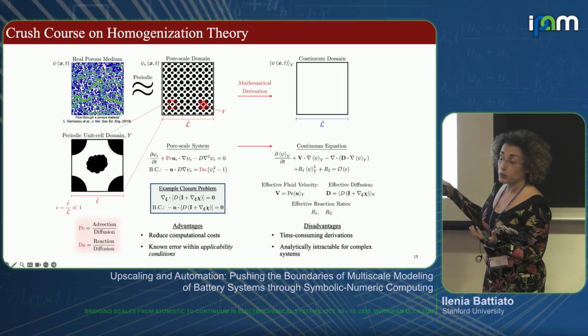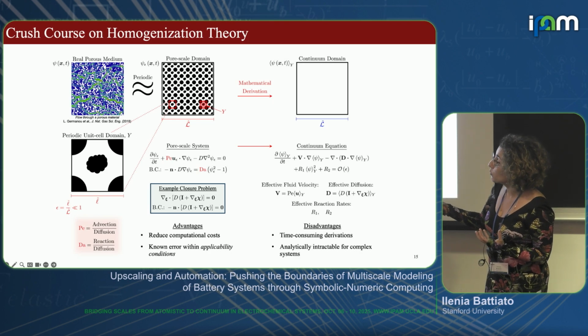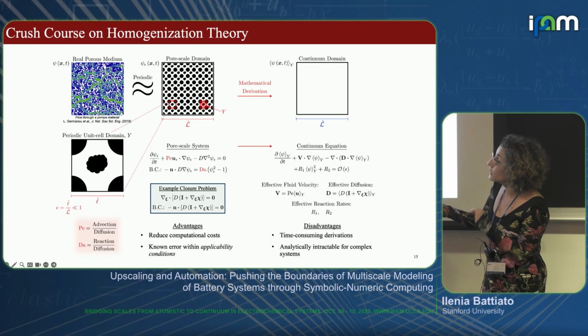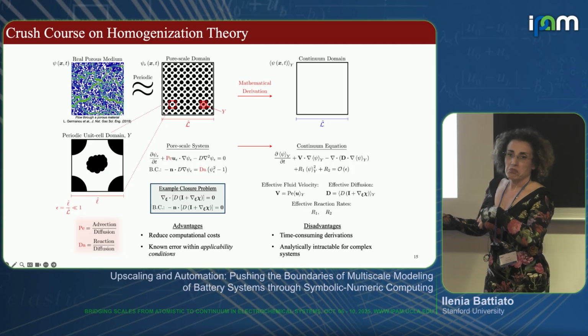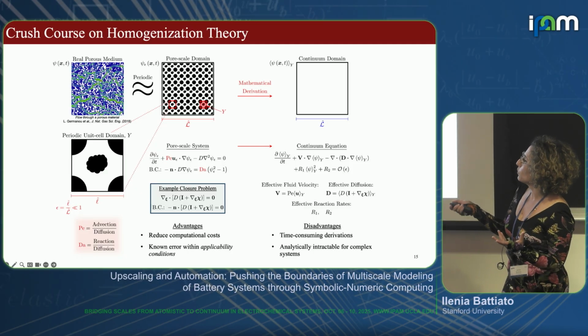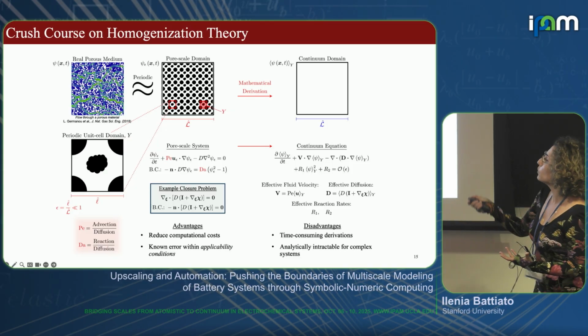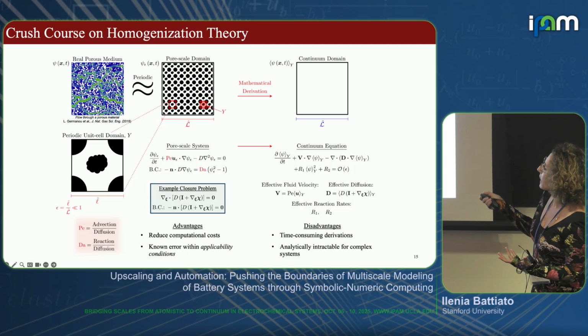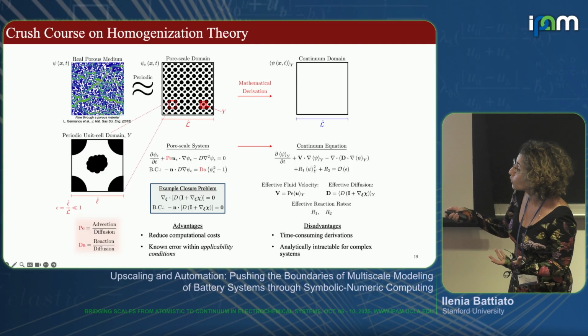So the closure variable itself satisfies a boundary value problem over here that must be solved just locally once on the unit cell. So if you put everything together, after you do the math, if you were to implement this numerically, how would that look? You do the math, you obtain the continuum scale equation, the effective parameters, and the closure problem.